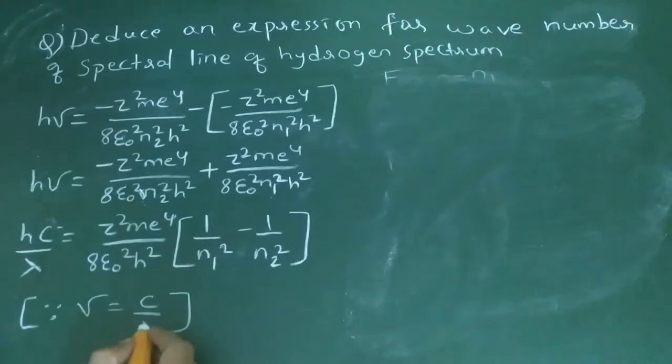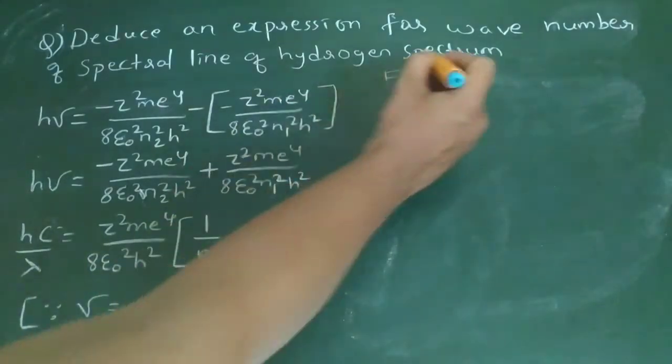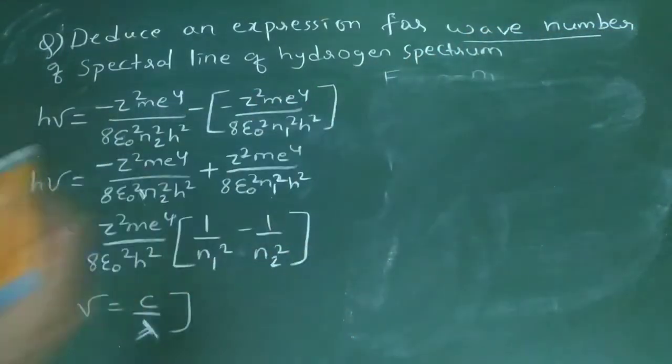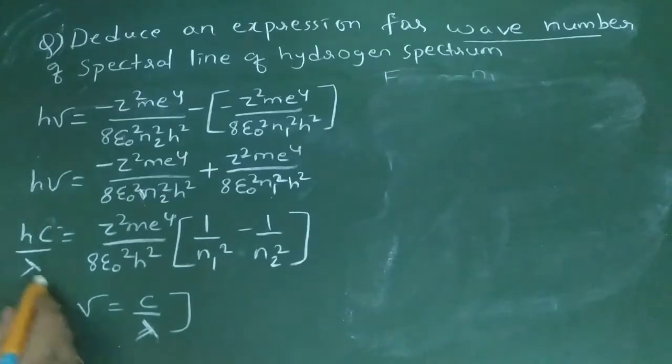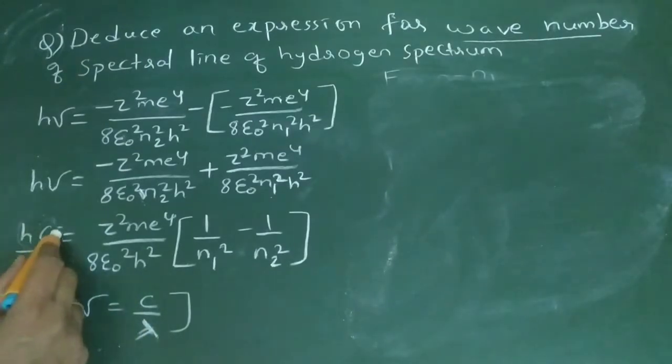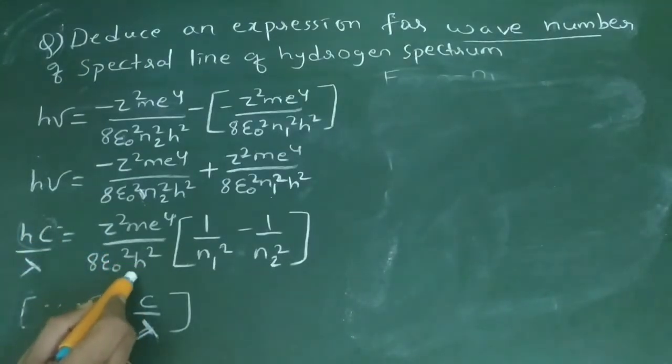So the ultimate target is to find wavelength. Wave number indicates I am talking about wavelength. Okay, so I am just taking everything this side. If I take these two terms towards here, what will you get?